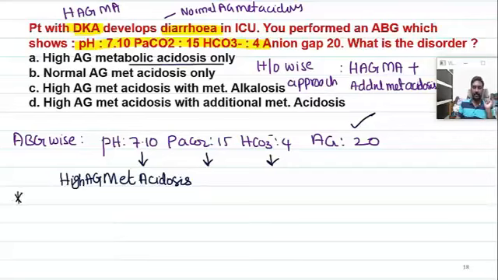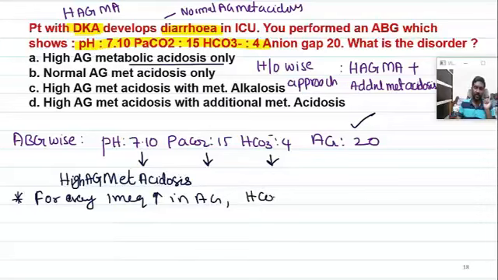But we know in high anion gap metabolic acidosis, always you should check: is it an isolated solitary high anion gap metabolic acidosis or is there presence of any other additional metabolic disorder? So for that, see the relation. For every 1 milli equivalent increase in anion gap, bicarbonate decreases by 1 milli equivalent.